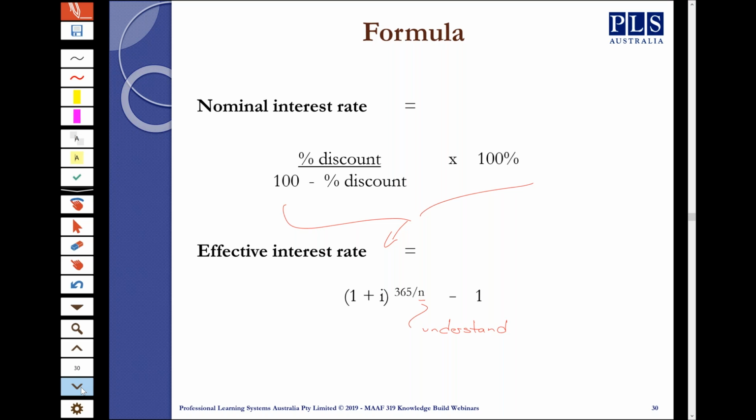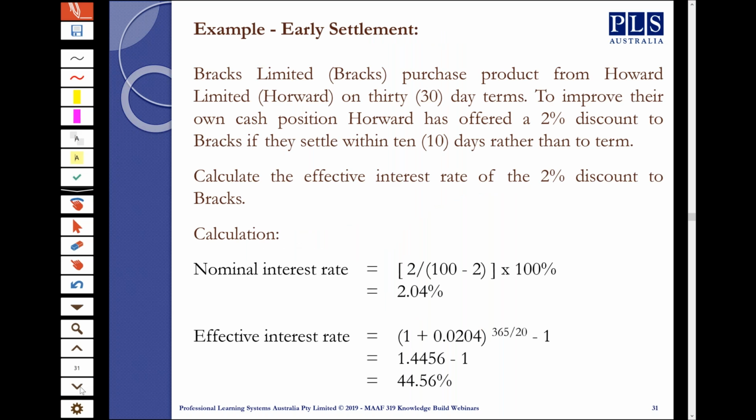So if I show you that by way of example, I've got Brax purchasing product from Howard on 30-day terms to improve their own cash position. Howard has offered a 2% discount to Brax if they settle within 10 days. Calculate the effective interest rate of the 2% discount. So you apply your nominal: 2 over 100 minus 2, times 100%, gets you 2.04%.